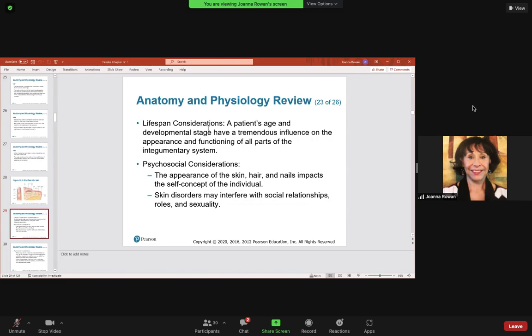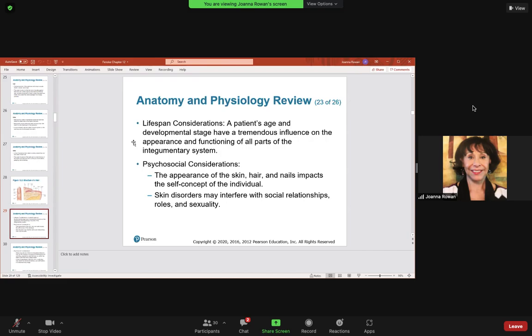Lifespan considerations: a patient's age and developmental stage have a tremendous influence on the appearance and functioning of all parts of the integumentary system. Psychosocial considerations: the appearance of the skin, hair, and nails impacts the self-concept of the individual.